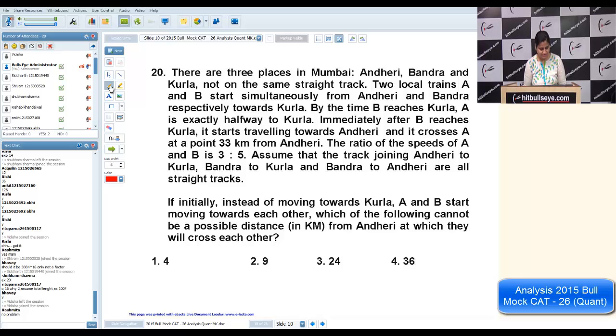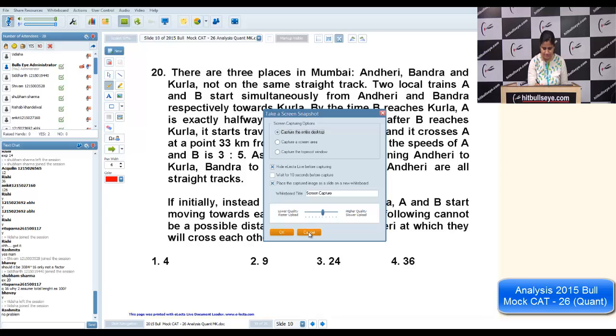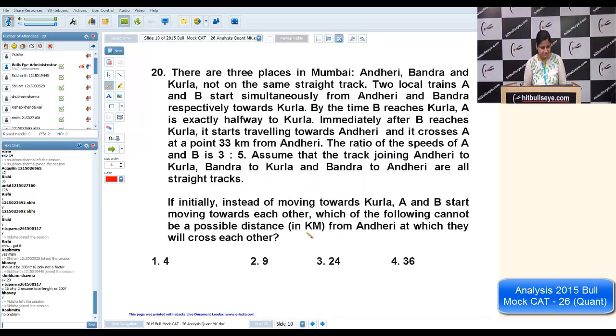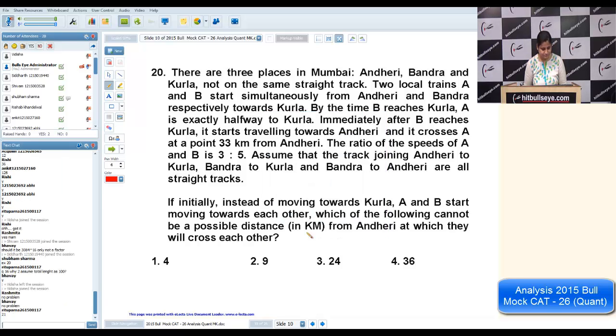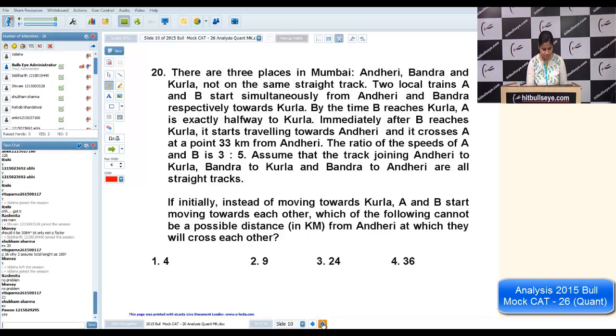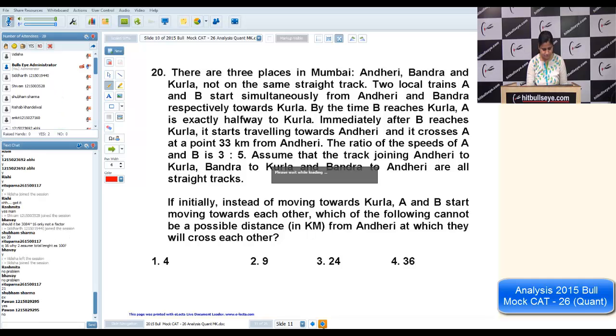Question number 20th and 21st. Yes, guys. Should I move further? Okay, Shubham.